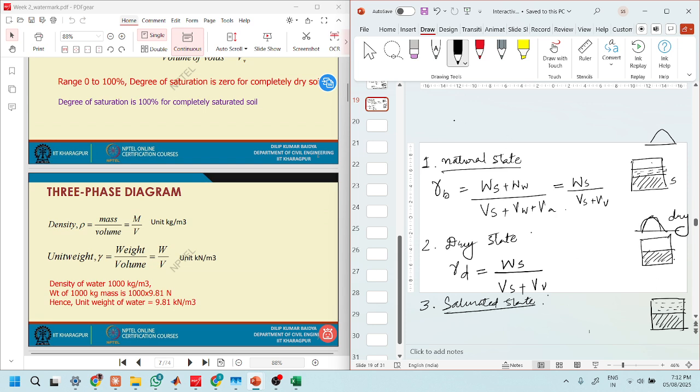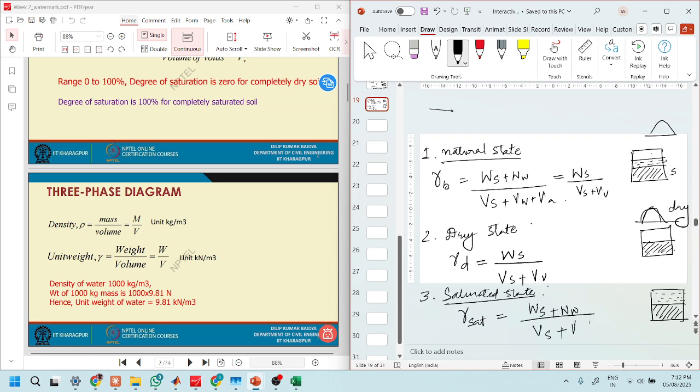It just depends on the condition of the soil you will find it in. So your gamma saturated will be weight of solids plus weight of water divided by volume of solids plus volume of water. Okay.